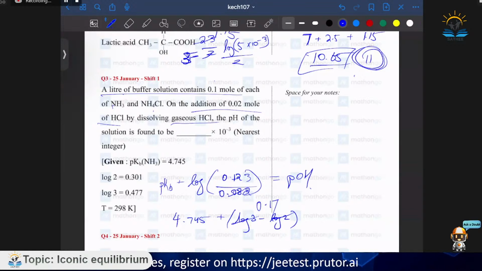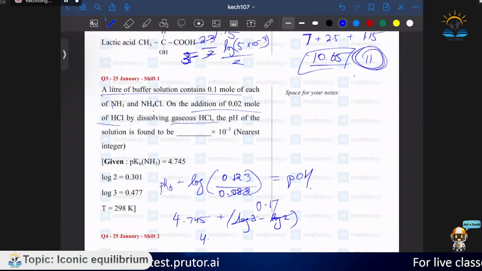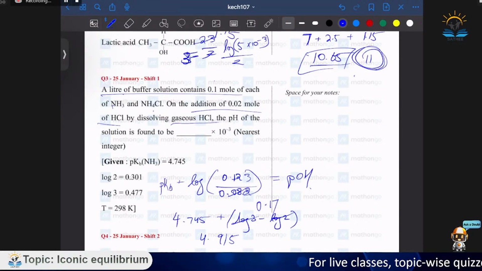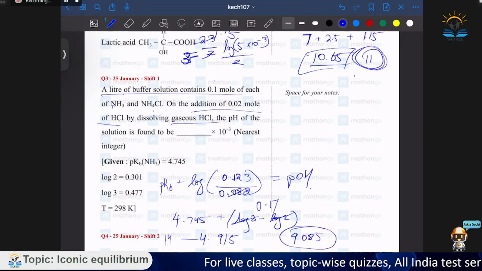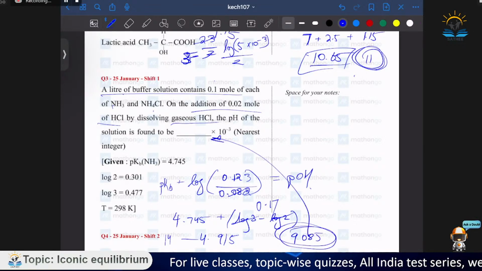So 4.915 is the pOH. Subtracted from 14, this comes as 9.085. This is the pH of the solution.